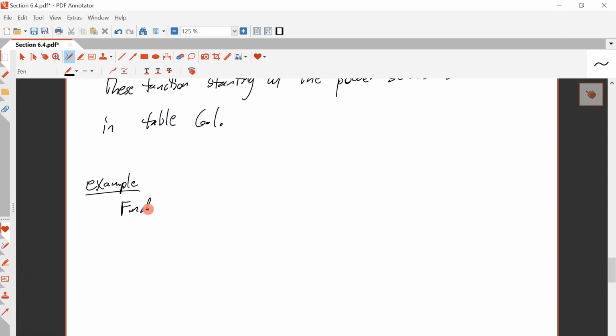find a power series representation for cosine x squared and state its interval of convergence.